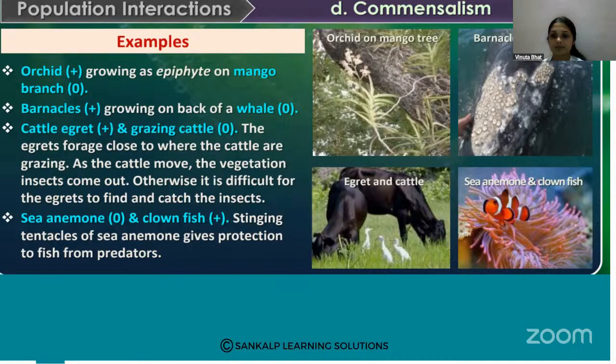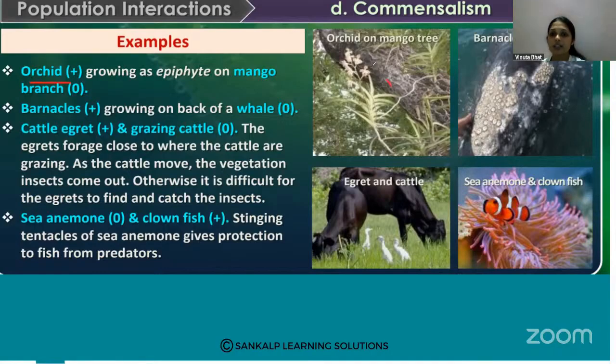Then commensalism. So what is commensalism? Here one gets benefits and the other is neither benefited nor harmed, right? Examples for commensalism: one is benefited and the other is neither harmed nor benefited.